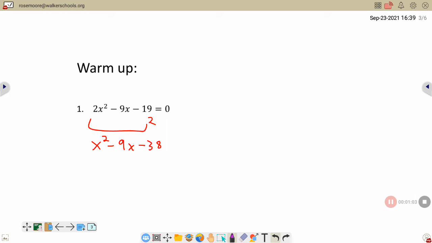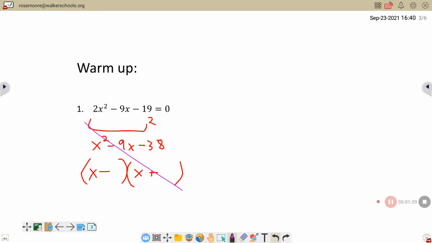If you go through the entire list of numbers, you'll discover there's nothing, once again, nothing that will make this happen. So once you discover that nothing exists to do that, you're going to go, okay, if slide and divide doesn't work, I'm going to use my quadratic formula.